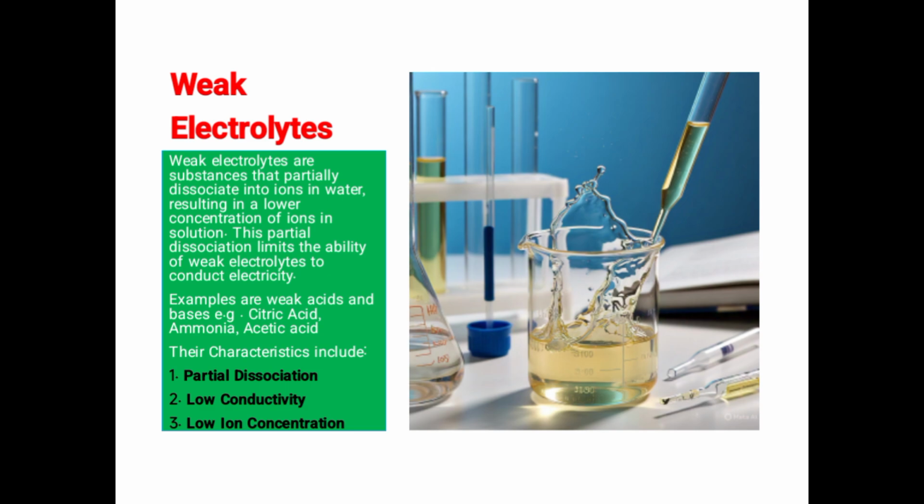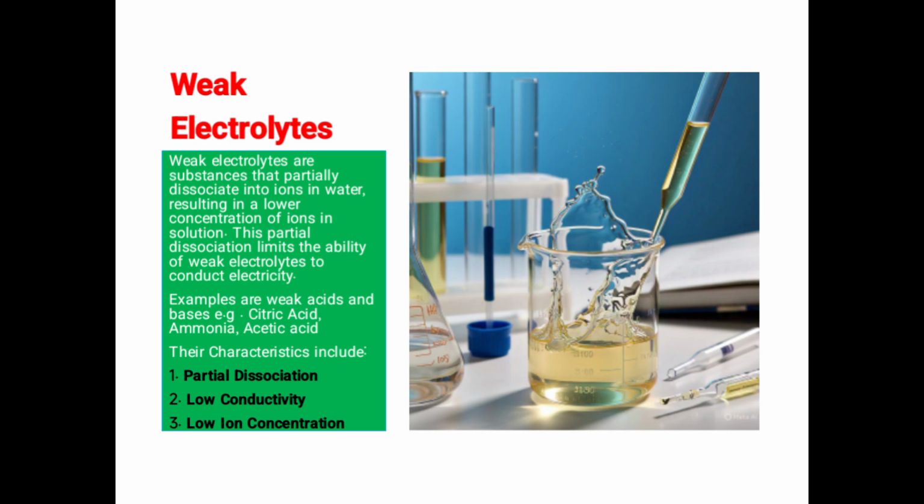Weak electrolytes are substances that dissociate partially into ions in water, resulting in lower concentration of ions in solution. This partial dissociation limits the ability of weak electrolytes to conduct electricity. That is, they are not going to be able to conduct efficiently when compared to the strong electrolytes.